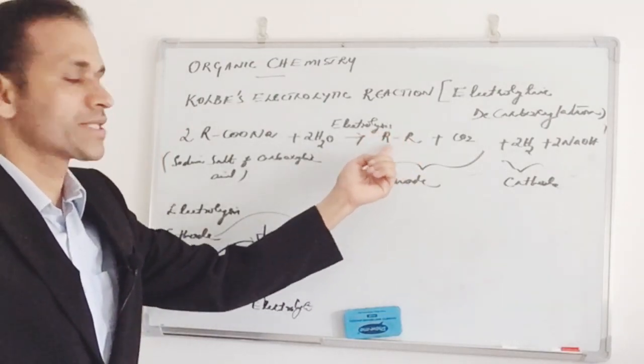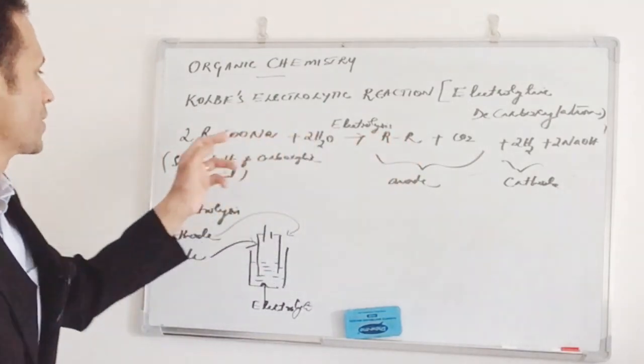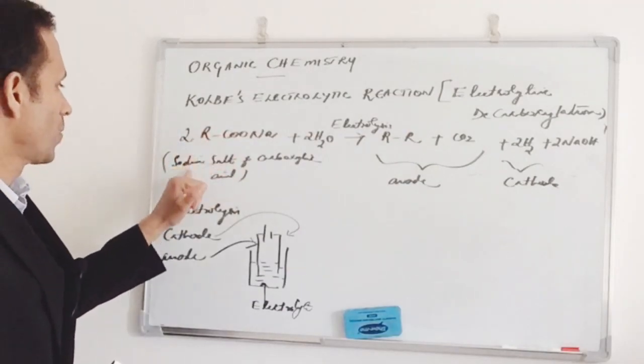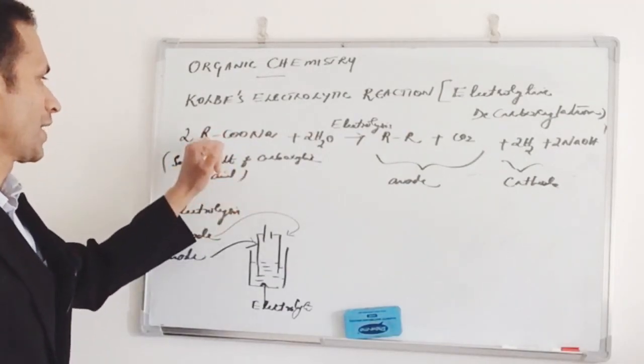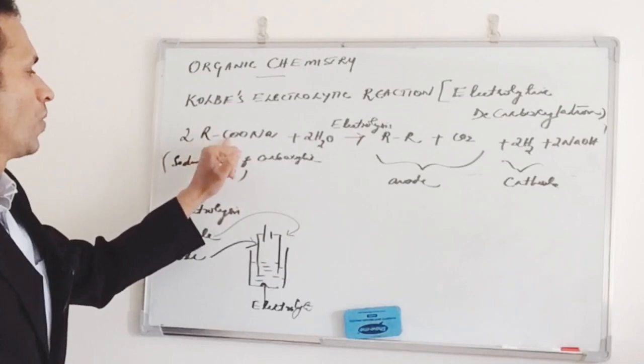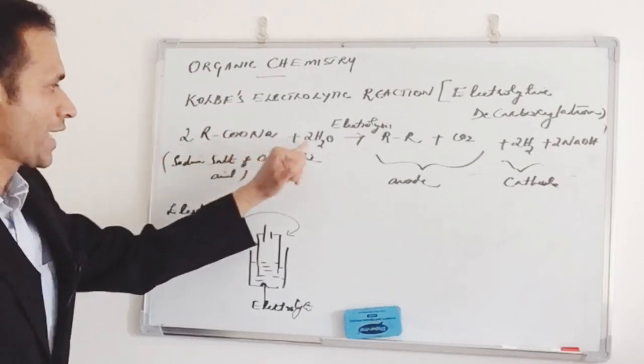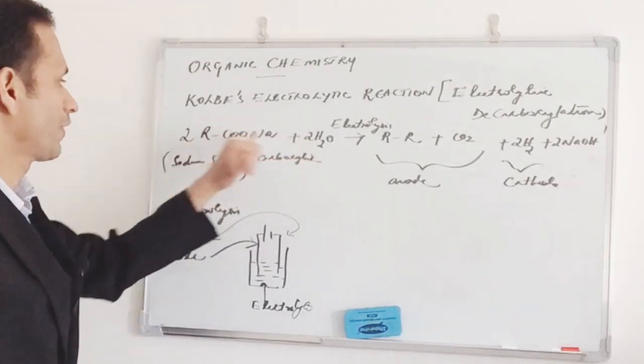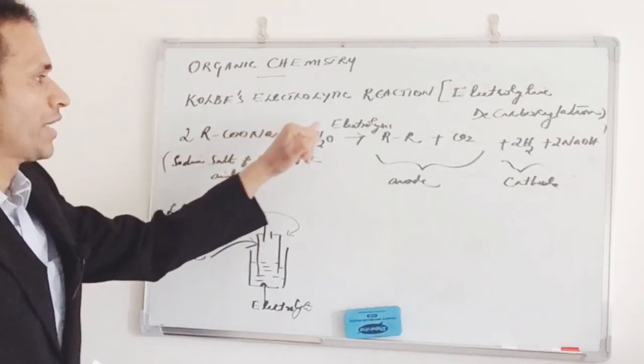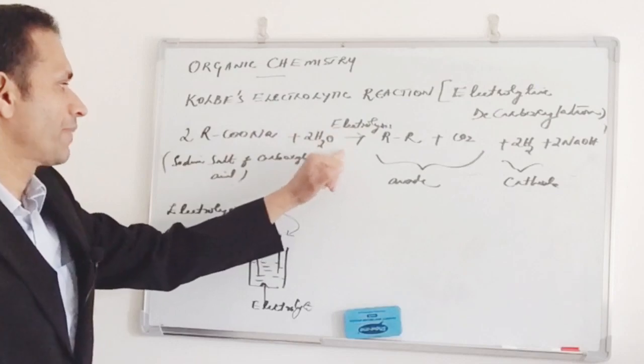Here R means an alkyl group. If you take RCOONa, that means the sodium salt of a carboxylic acid, in aqueous solution, and you pass electricity, what happens?